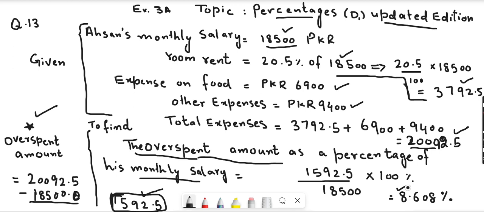After that we wrote the expenses, food and other expenses, and the total expense came to 20,092.5 rupees. This is obviously more than 18,500, meaning your salary is less and your expenses are more, meaning you overspend the amount.